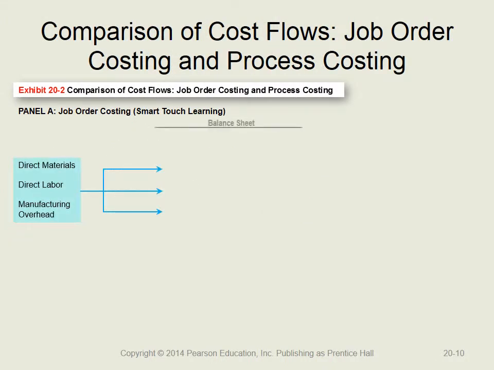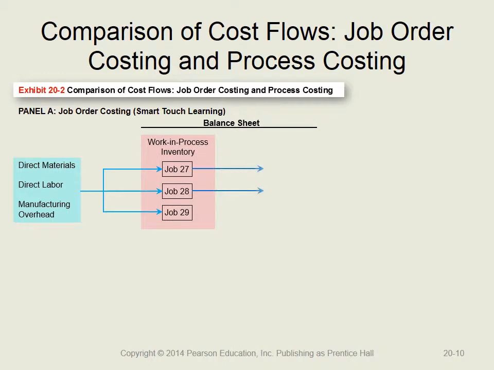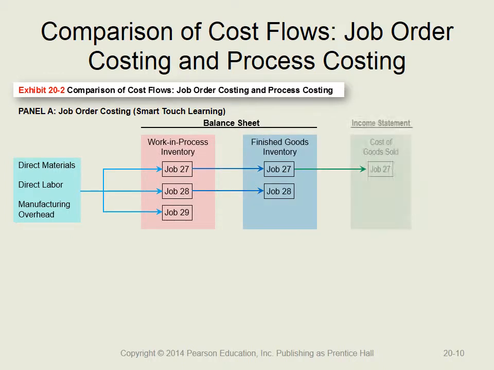Exhibit 20-2 provides a comparison of cost flows in Smart Touch Learning's job order costing system with Cheerful Crayon's process costing system. First, we'll look at panel A, which depicts Smart Touch Learning. Recall from the previous chapter that in a job order costing system, direct materials, direct labor, and manufacturing overhead costs are recorded for each job.